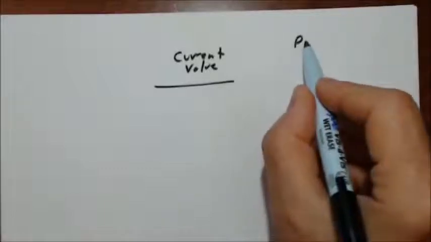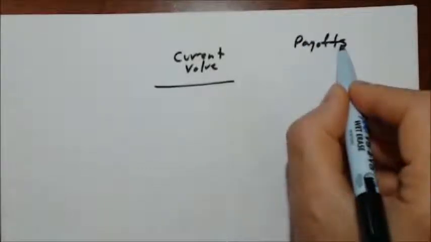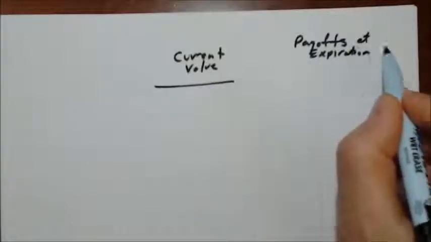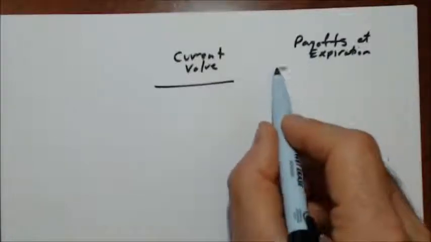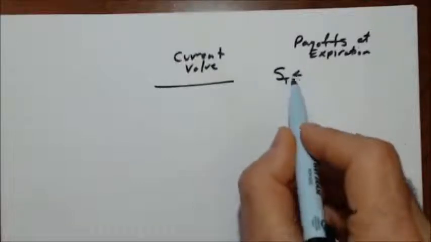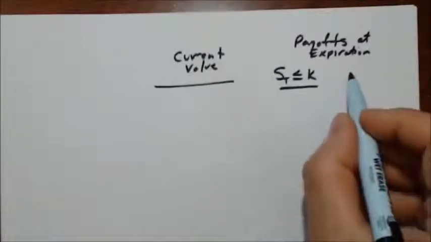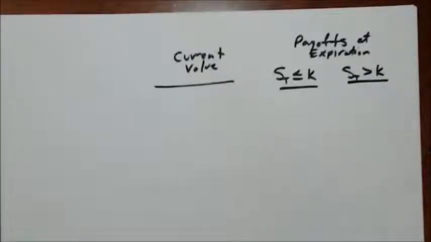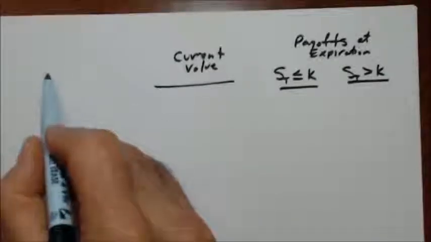And I'm going to look at payoffs at expiration. And I'm going to look at when the stock price at expiration is less than or equal to K, it's out of the money, and when it's greater than K, the stock price is greater, when it's in the money. And we're going to look at two portfolios.